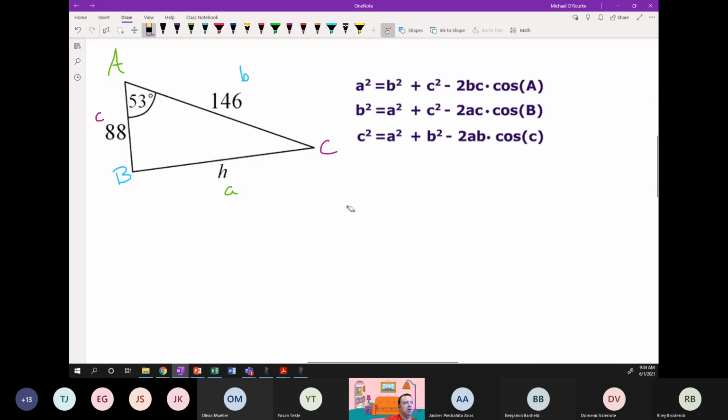How I just relabeled my triangle? And we can get rid of that. Who cares what letter it is? It makes it a little bit easier, I want to say. All I did was relabel it so it fits my formula, which then makes it easier to plug in.